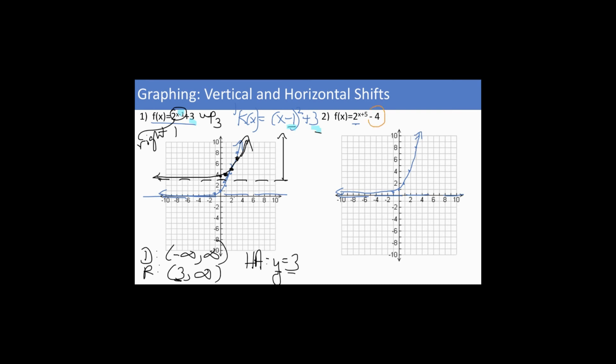So that's going to move it down 4. Again, this is plus 5, just like inside a parentheses, so it would be to the left 5. So I'm going to drop down my asymptote by 4. We're moving all the points 5 to the left and then down 4.